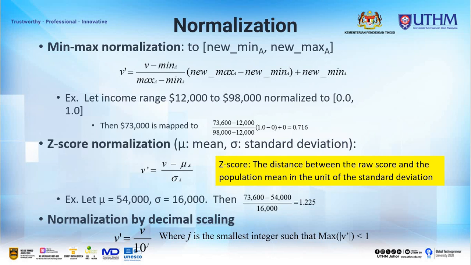You can see here, new min A, comma, new max A. So the V prime is the formula. When we substitute, V is the original value, minus minimum A, divided by maximum A minus minimum A, times new maximum minus new minimum, plus new minimum A.